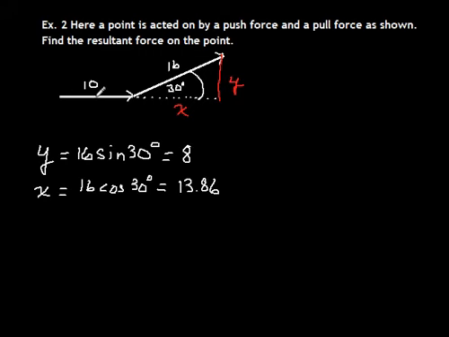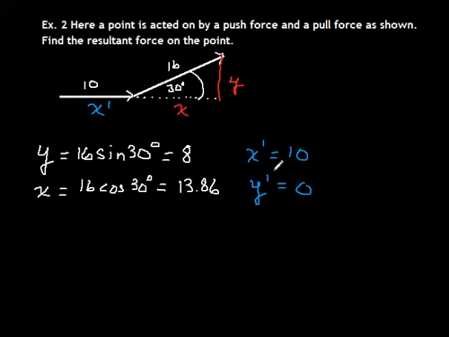Now let's look at this. It's just a horizontal force. So this one, our X coordinate, is going to the right, so we'll call that X prime. Our X coordinate is just going to be 10. And our y-coordinate, since it's not going up and down at all, is just going to be 0.